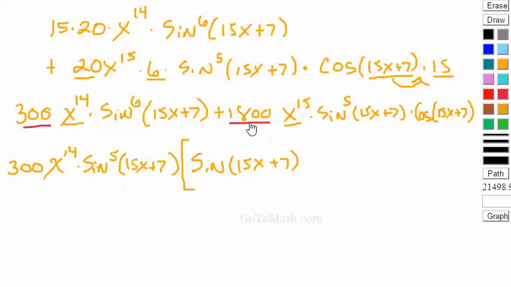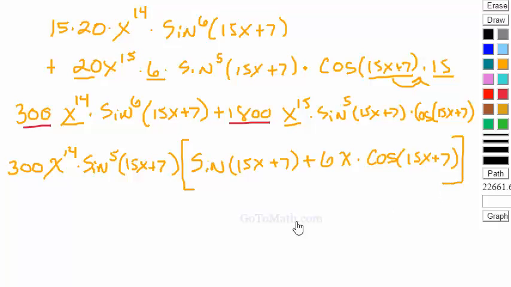And of course, 300 goes into 1800, what, 6 times? Right? Hopefully. We have x to the 15th. We pulled 14 out. We have 15, so we only have 1 left. And of course, we pulled all those guys out, and we're left with a cosine of 15x plus 7.